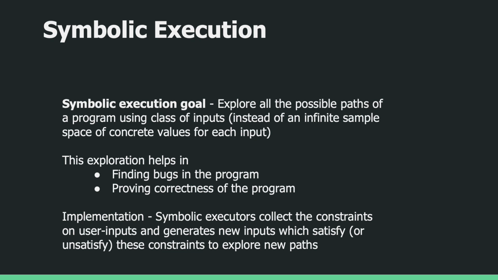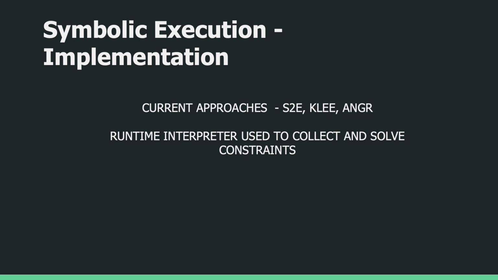It does not give us a newer symbolic execution technique, but it gives us a newer way to implement symbolic execution so that it is much better and much faster. There are multiple current approaches to building a symbolic executor. For example, three of the most famous ones are S2E, an executor called KLEE, and one named angr. All of these are open source, so you can play around with them.